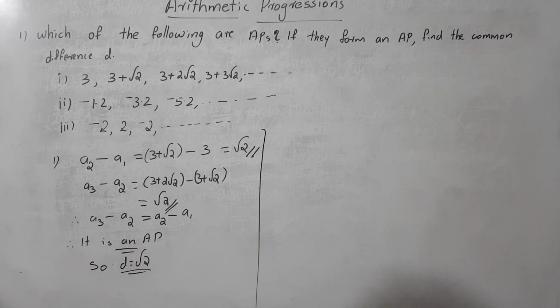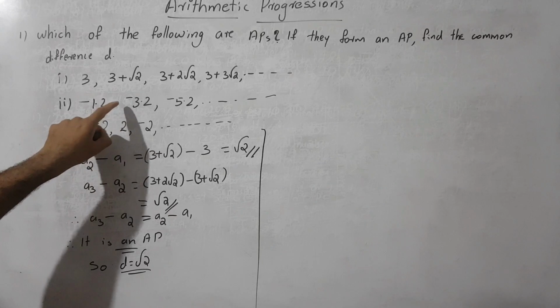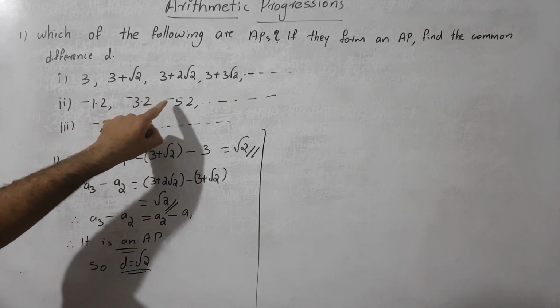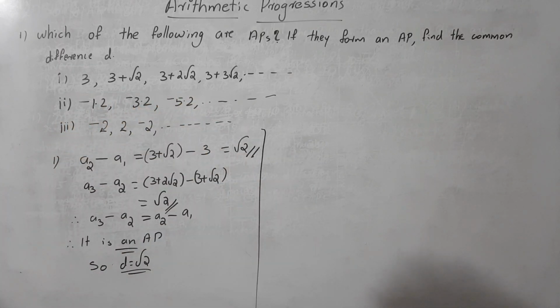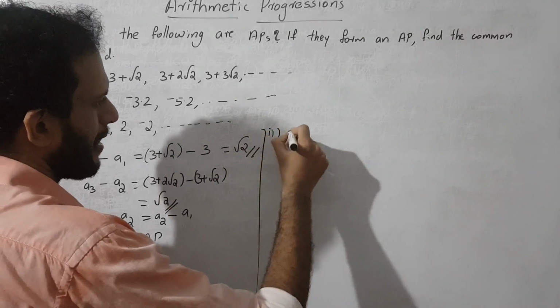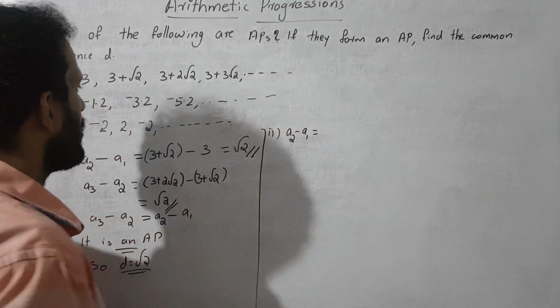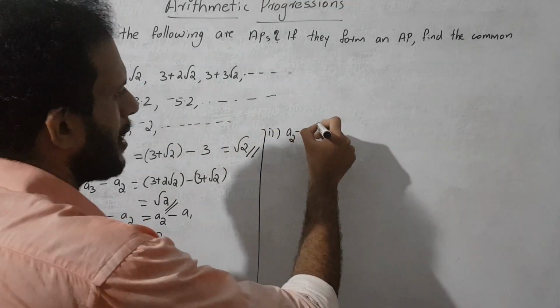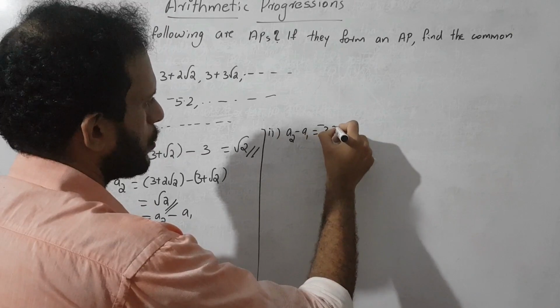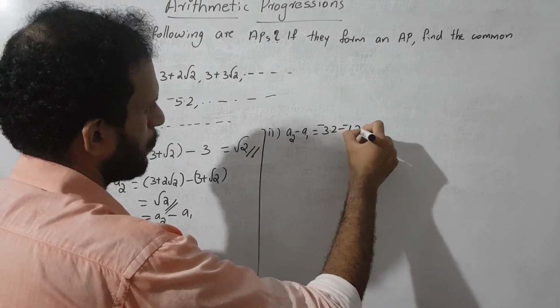The second sequence is minus 1.2, minus 3.2, minus 5.2, etc. Again we subtract first, A2 minus A1. A2 minus A1 is equal to minus 3.2 minus (minus 1.2).